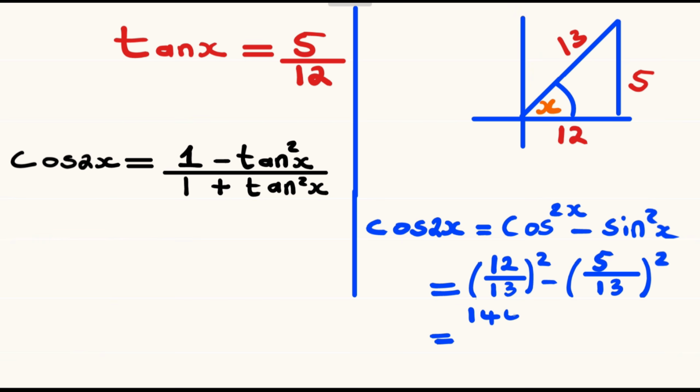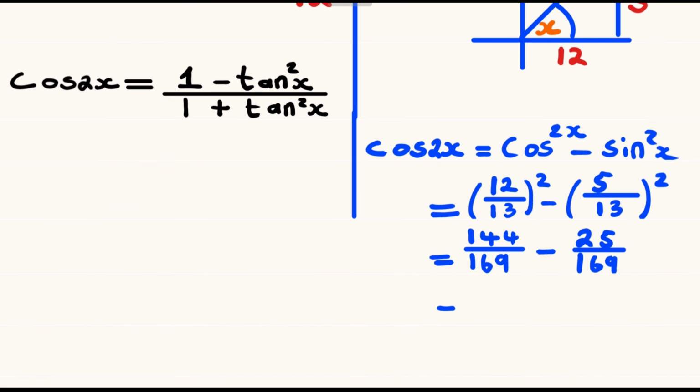So we have 144 divided by 169 minus 5 squared, we know it is equal to 25, and the 13 squared was equal to 169. 144 divided by 169 minus 25 divided by 169, 119 over 169. So cos 2x is equal to 119 divided by 169.